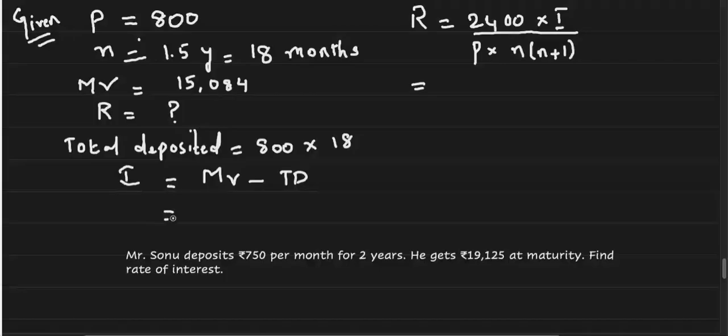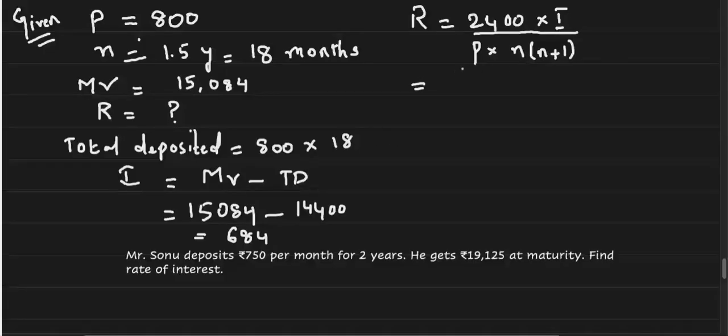Interest equals 15,084 minus 14,400. If I subtract, I get 684. So 684 rupees is the interest after 1.5 years.